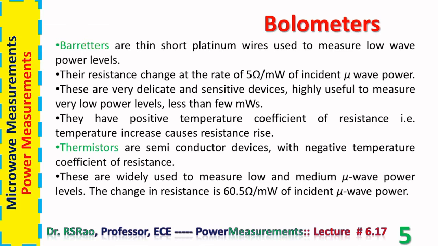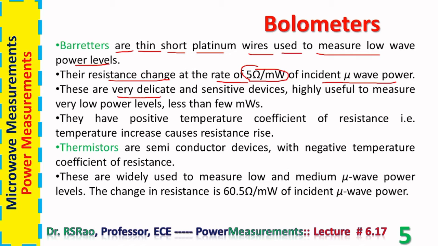A few important points regarding barretters and thermistors. Barretters are thin, short platinum wires used to measure low power levels. Their resistance changes at the rate of 5 ohms per milliwatt of incident microwave power.